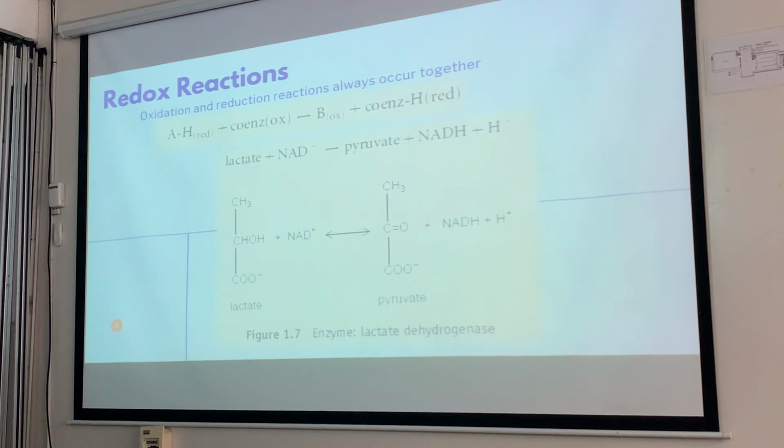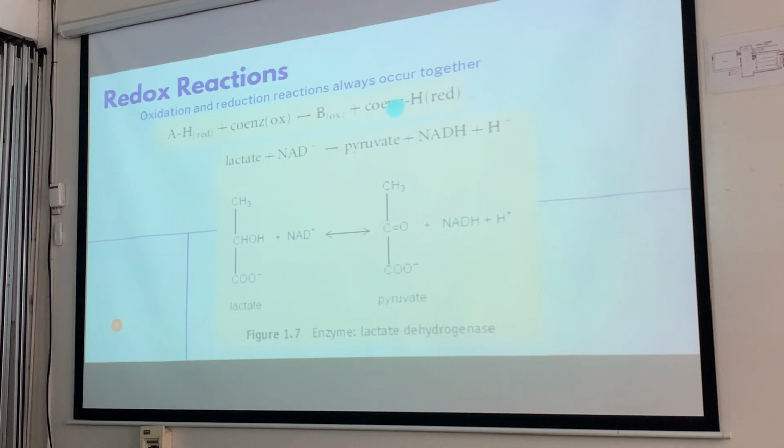So for example here, a certain AH is the one that is reduced, and it needs a coenzyme, and then with a series of two enzymes, you can see that you have the combination of the coenzyme.